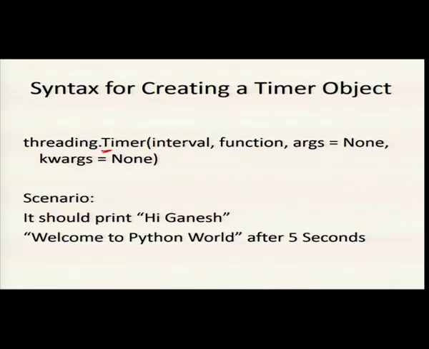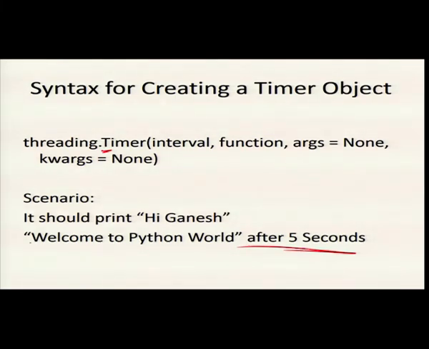So here in the interval, if I say 5 seconds, then it will print, hi Ganesh, welcome to Python world. This welcome to Python world, I want it to get printed only after 5 seconds.